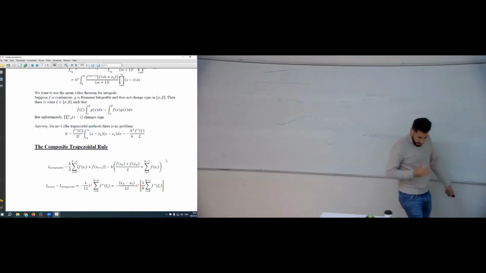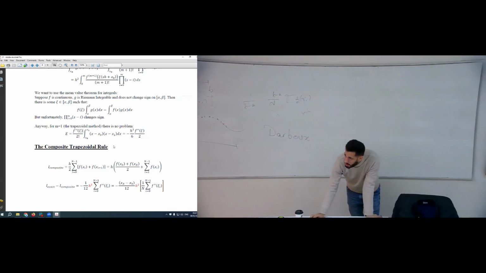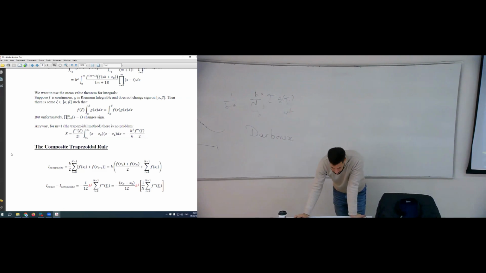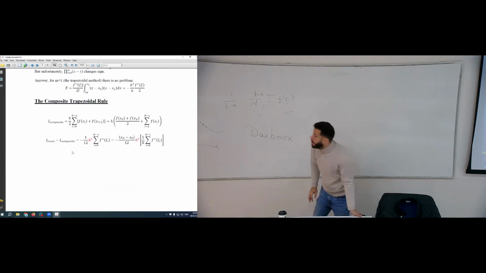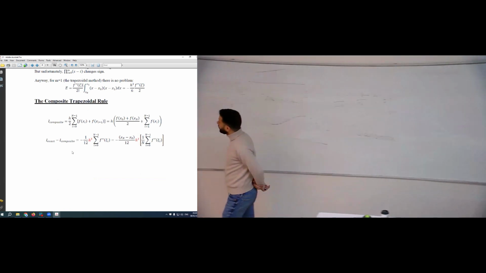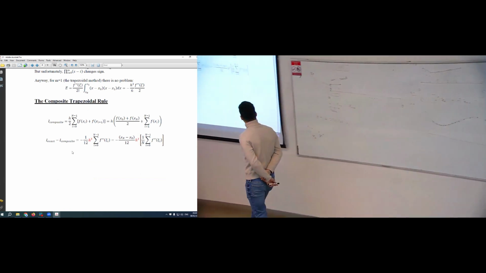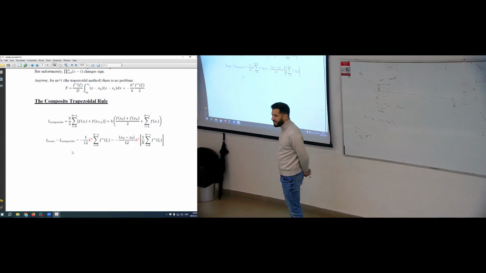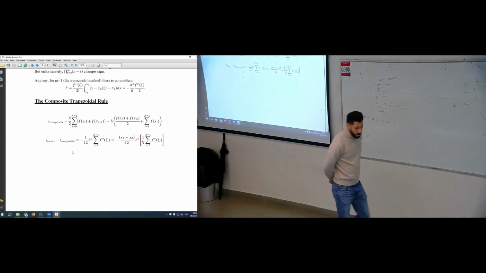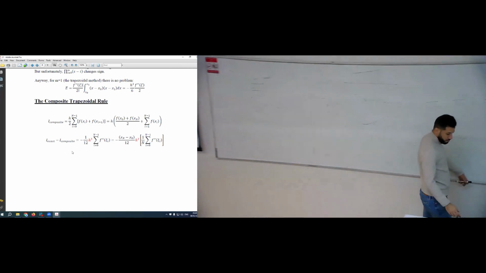If we notice that, let's talk about the recursive trapezoidal rule. Why is this the error? Again, where do we get the expression for the error? This is the trapezoid.